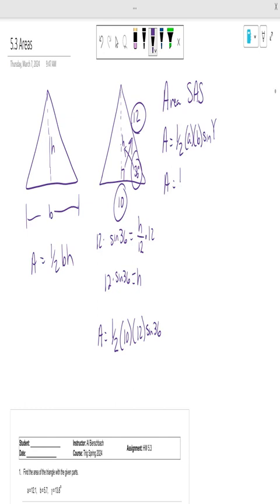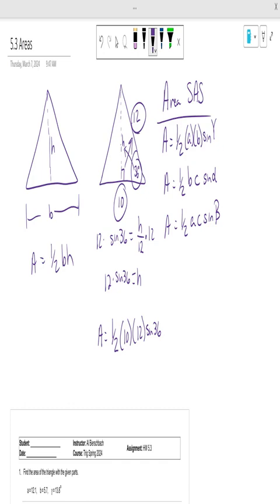Now, it doesn't matter what sides you have. You could have B and C and the sine of alpha, or you could have A and C and the sine of beta. But that's the area if you know side angle side.